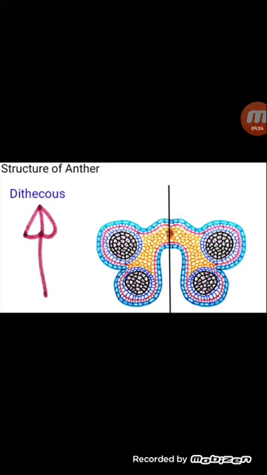That is the reason it is called a dithecous anther. Spelling: di means two, T-H-E-C-O-U-S. Learn the spelling by heart along with me.